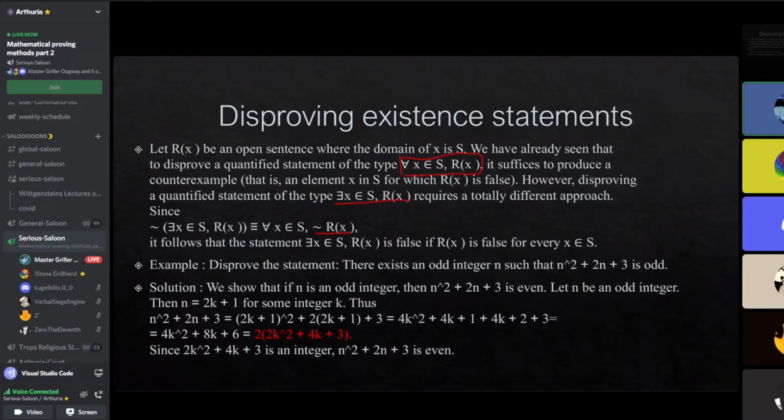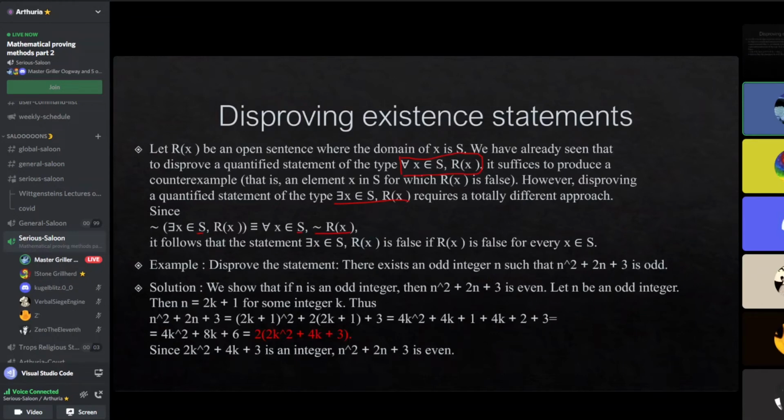And if we can show this to be true for every possible n in the integers, the crucial part is that it necessarily has to be in the domain. The domain needs to be shared. The domain, in this case, is the integers. And if we can show that for every integer the negation of the statement is true, then we have successfully disproven the existence statement.